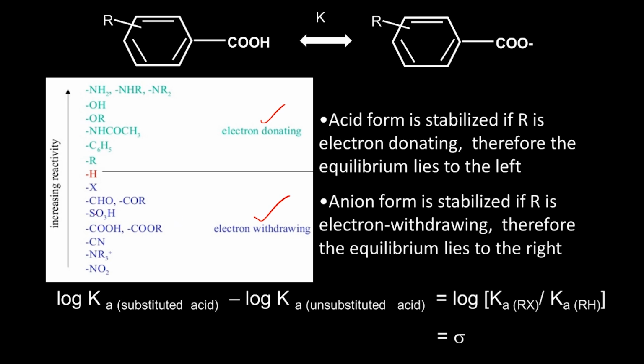So if the electron is withdrawn, like with X and so on, you get the anion, whereas the acid form is favored when you have electron donating groups like OR, CH3, OH and so on. If the anion form is stabilized, then you are going to have a large K. If the acid form is stabilized, you are going to have a small K. So log Ka substituted minus log Ka, that is called sigma.